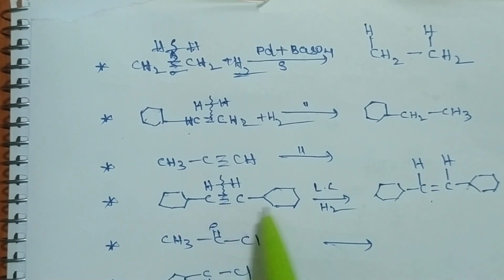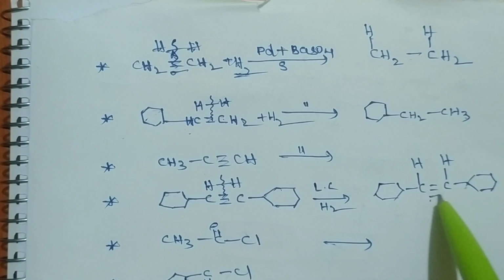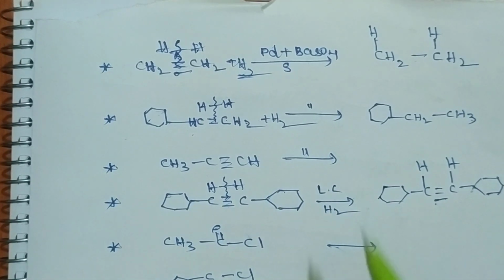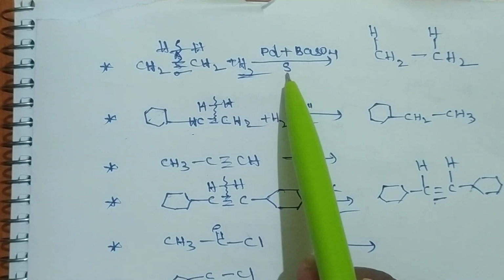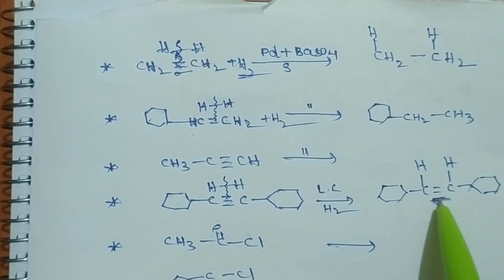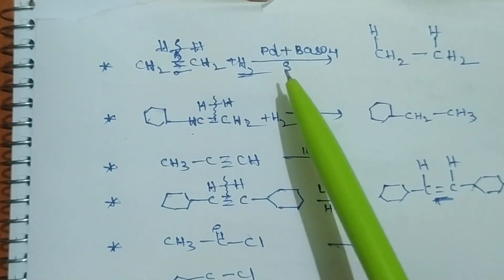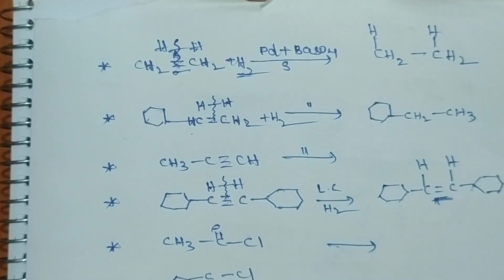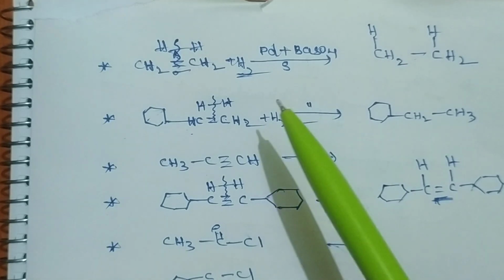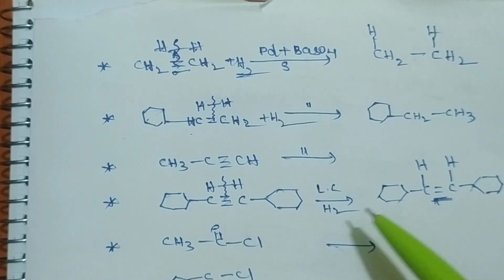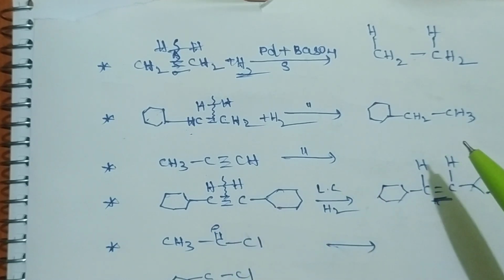Alkynes are undergoing controlled hydrogenation, and we will get alkenes. By using this sulfur or quinoline, the reaction is going to stop at the alkenes. If we are not using sulfur or quinoline, it further undergoes reduction and we will get alkanes. But by using sulfur or quinoline, the reaction stops at the alkenes. So therefore it is called controlled hydrogenation of alkynes.